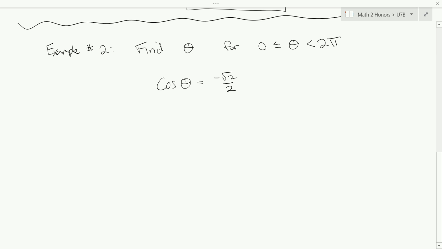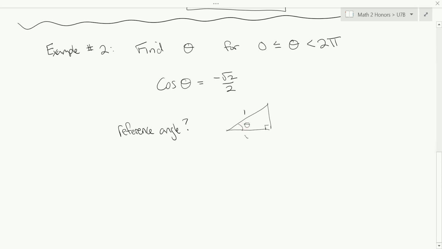And so we go through that process again. Our first question is, hey, what's our reference angle? If we have one, what's theta prime? And so I'm going to work with a triangle, hypotenuse of 1, and cosine is not across from theta, it's the adjacent side.